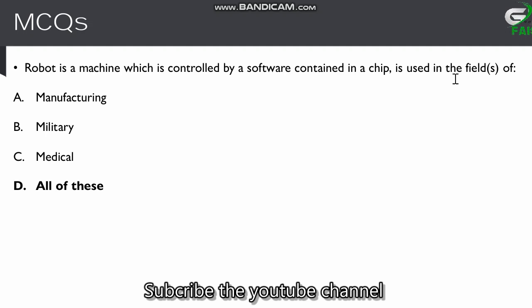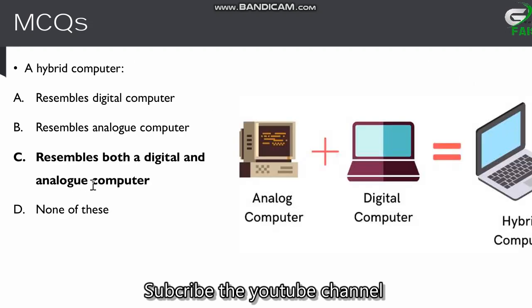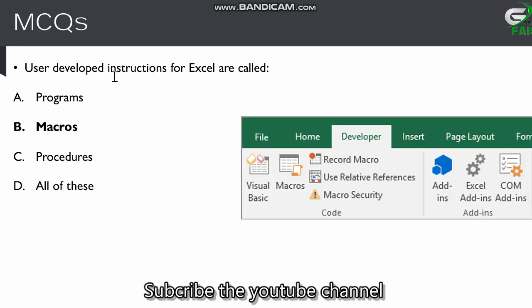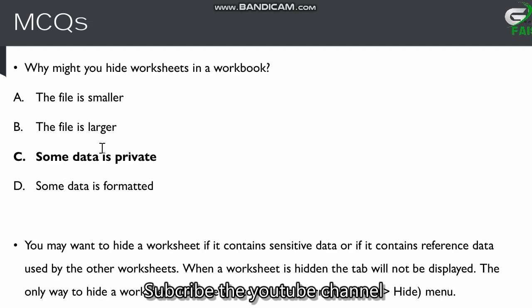Hybrid computers resemble both a digital and an analog computer. In MS Word 2007, to extend the selection to the end of the document, press Ctrl plus Shift plus End. User-developed instructions for Excel are called macros.